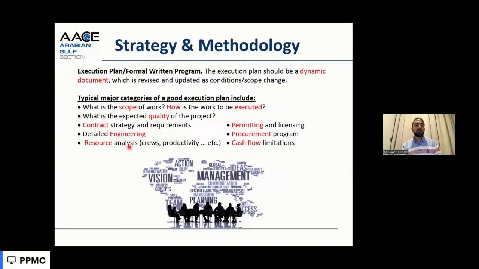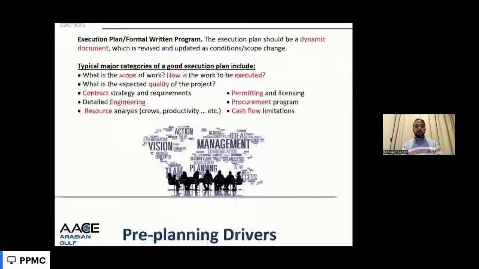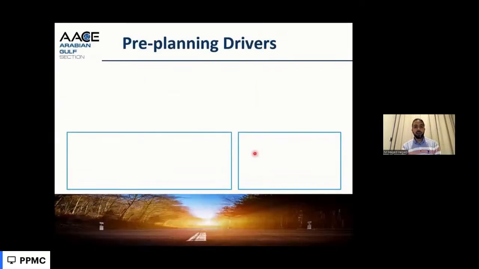This also considers the resources and the availability of the resources with their productivity in the location of the project, and cash flow limitations, how to fund this project with the contract, if there is advance payment or no advance payment, how to fund the project with the payments expected until the completion with these cash flow limitations of the company, based on the solvency of the company.